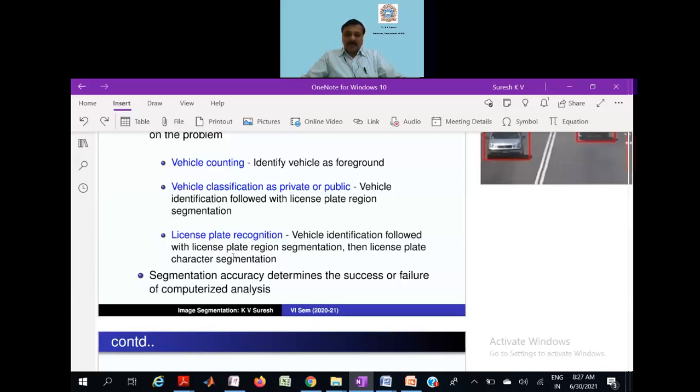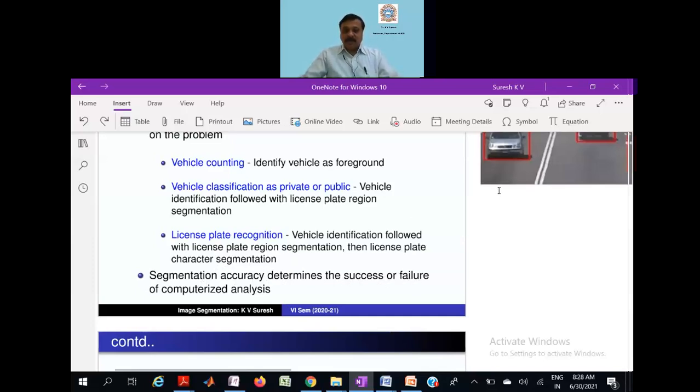I also demonstrated the results, where after super resolving, the image will be looking better. So how good I am at segmenting will actually determine the success or failure of the computerized analysis.